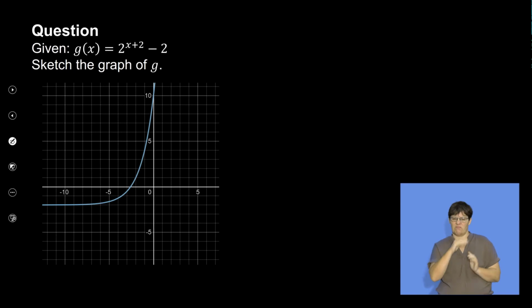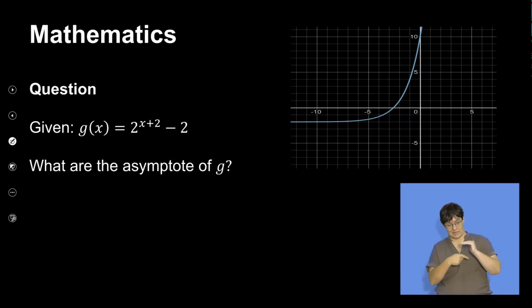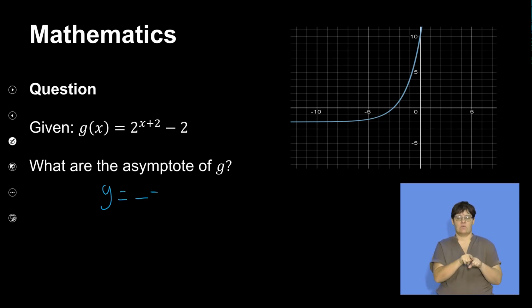But in actuality, it will then look like this, where at this point, that's where my y equals -2 will be, with a dotted line. And then also, if I'm given this function, the asymptote of this particular function of mine, we know that will be y equals -2, because there's only one asymptote, which is the horizontal one.